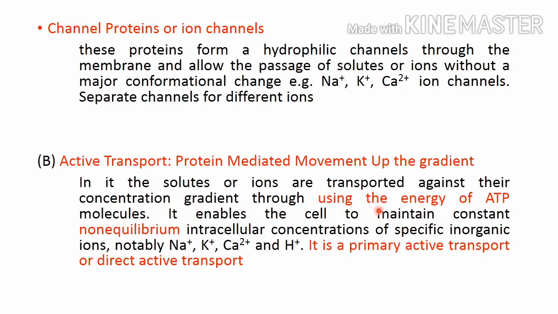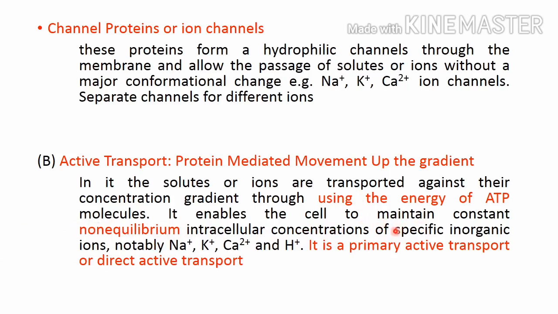So cells maintain a non-equilibrium intracellular concentration. Non-equilibrium means, for example, that the cell has high sodium inside and low sodium outside, and the cell maintains this non-equilibrium using the energy of ATP. So this is a non-equilibrium intracellular condition.